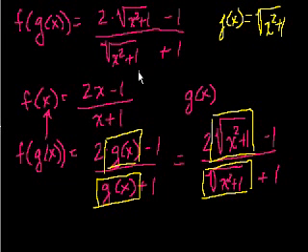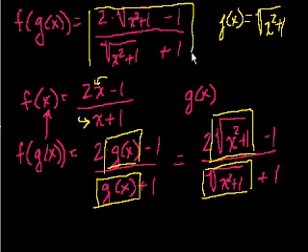And actually in the example he sent me, there was a bunch of choices. If you were given the choices, then all you have to do is take each of the choices for g of x and replace them in for x in this expression, and then see which of those choices ends up with this expression. Let me delete some of this.